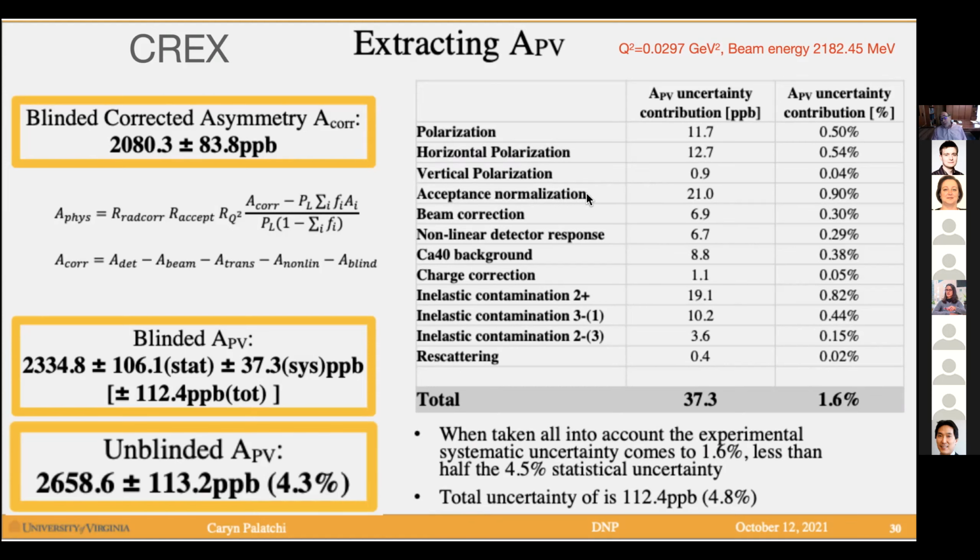And they're compared to Monte Carlo simulations to understand this acceptance. And so there's a small uncertainty in this acceptance, and that leads to a systematic error of almost 1%. So this 0.9% is the largest systematic error, but that's still significantly smaller than the 4% statistics.